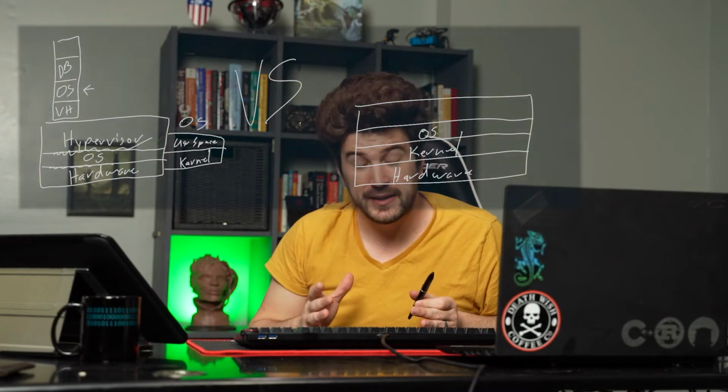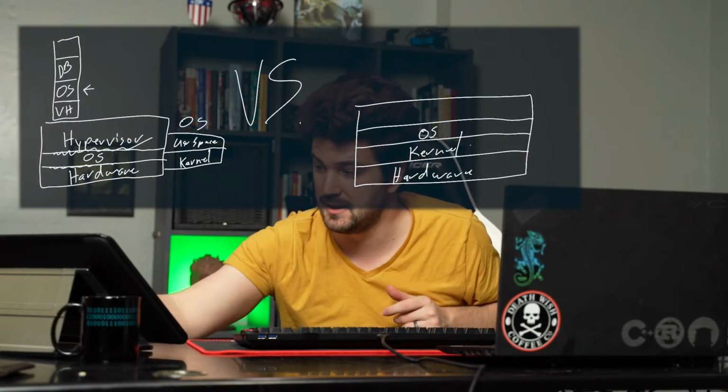Anyways, so we have our OS here, and then we have a container engine. You don't really have to have the container engine, and when we do containers the hardest way, we're going to make our own container engine. We're going to do everything. Everything that the container engine does exists in the kernel here.